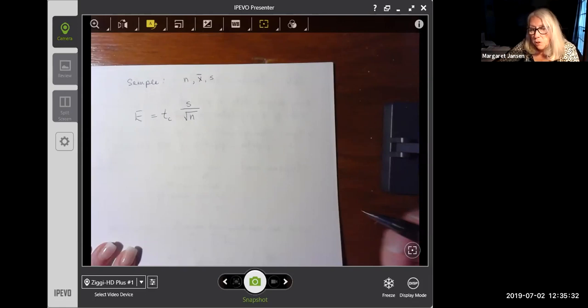So the only thing we really have missing here is the critical value. And the critical value is determined by what confidence level we choose, okay? So I'm going to get the T distribution table and show that to you.